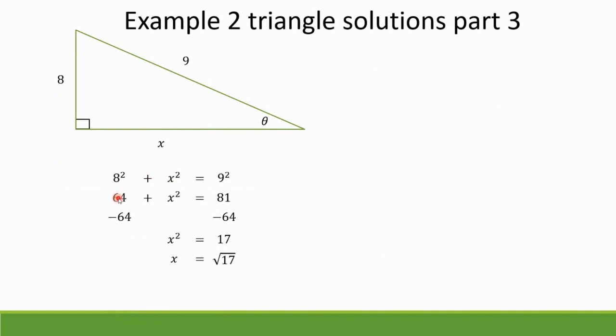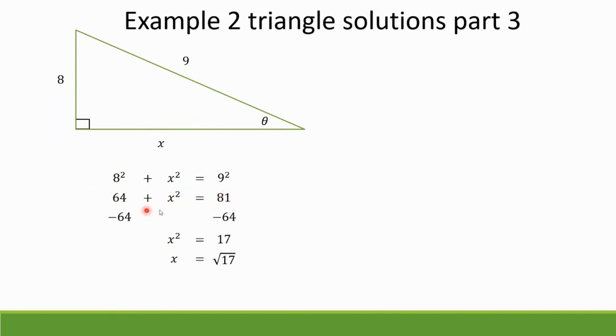So from Pythagorean theorem, we have 8 squared plus x squared is 9 squared. 8 squared is 64. x squared is just x squared because we don't know what x is. 9 squared is 81.